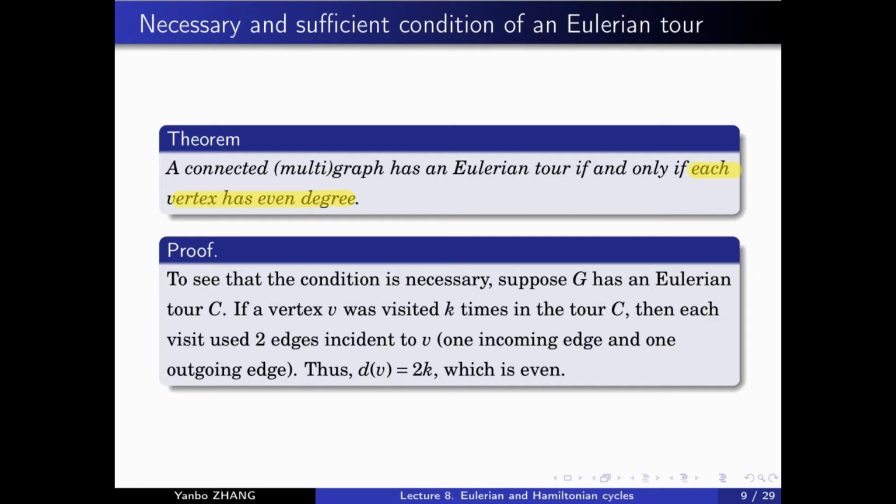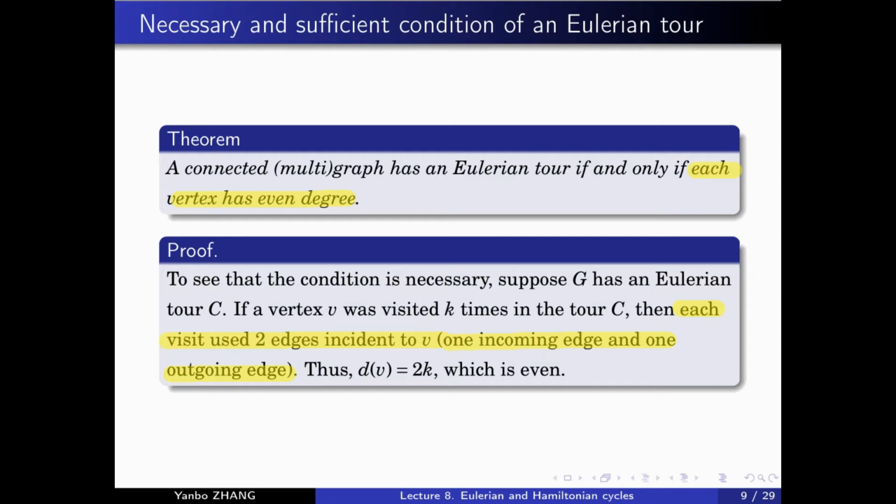If a vertex V was visited k times in the tour C, then each visit used two edges incident to V, one incoming edge and one outgoing edge.